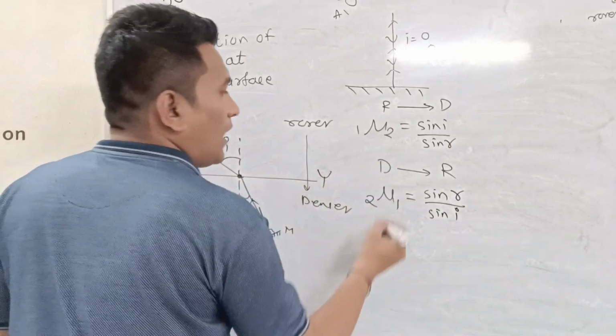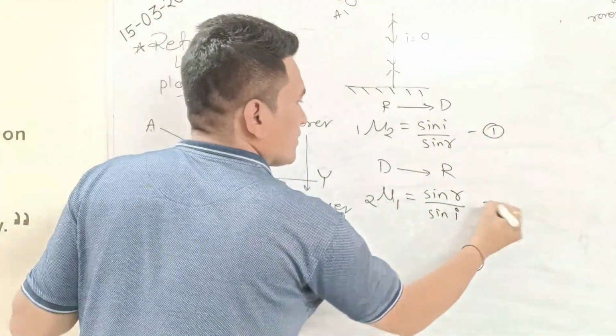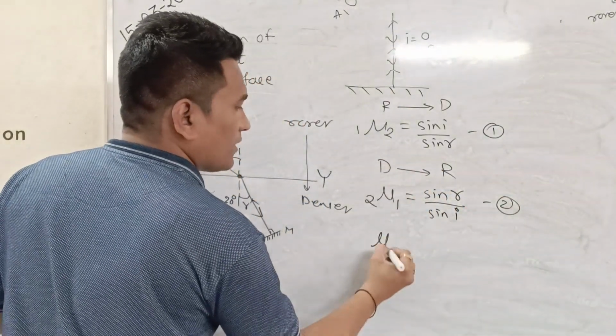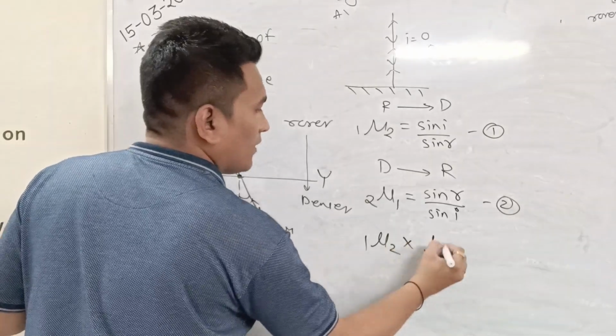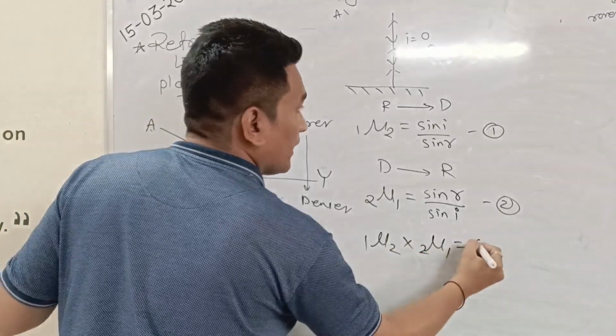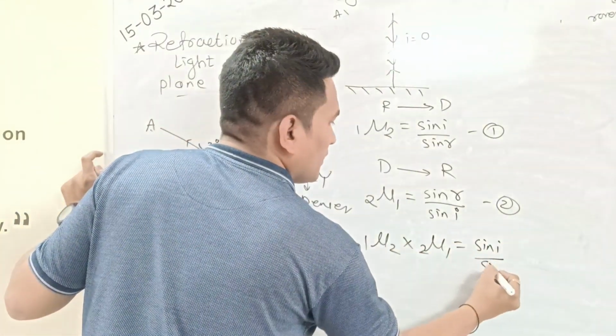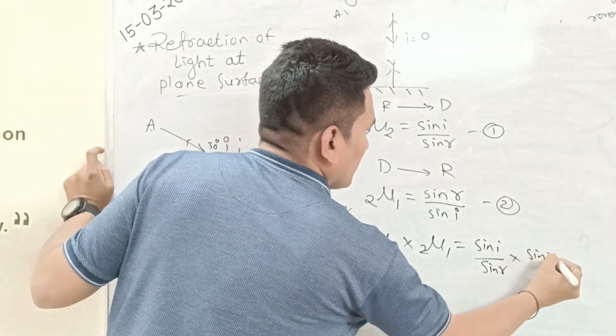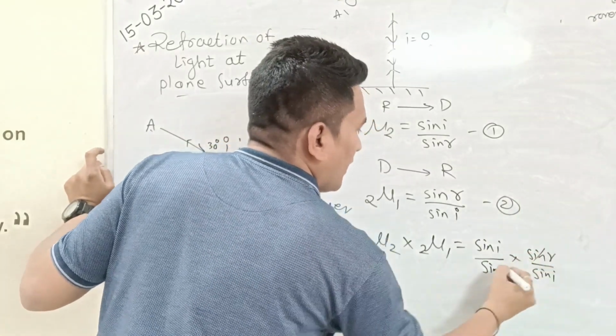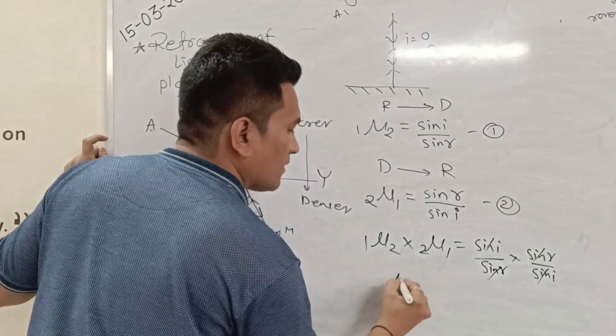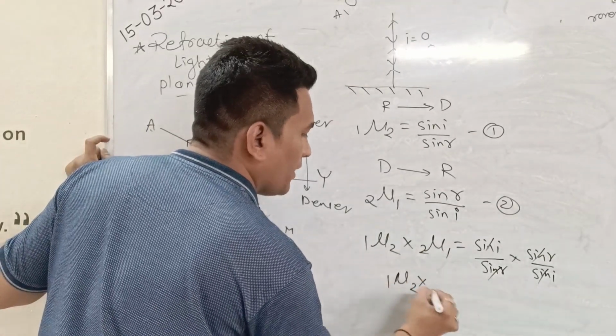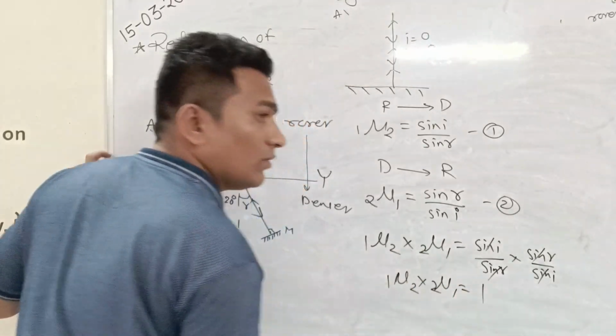Understood? Now if I multiply these two equations, refractive index 2 1 into refractive index 1 2, you will get sin i upon sin r into sin r upon sin i. This term will get cancelled. Ultimately you will get mu 2 1 into mu 1 2 is equal to 1.